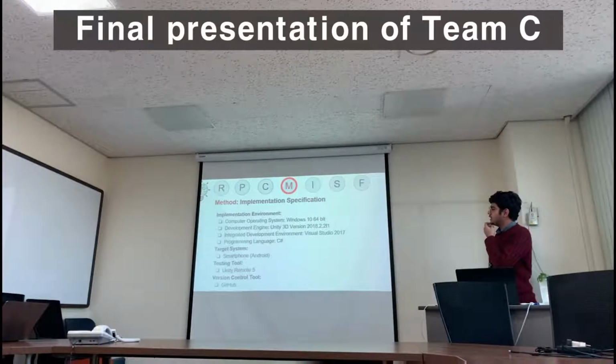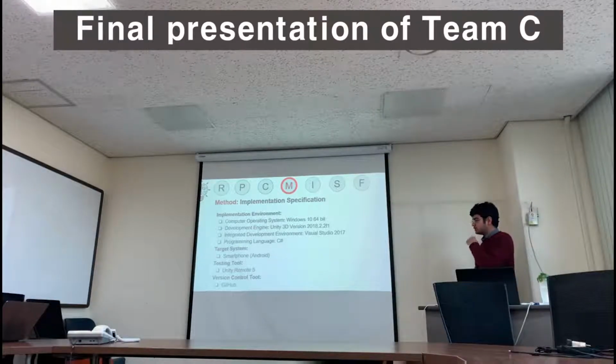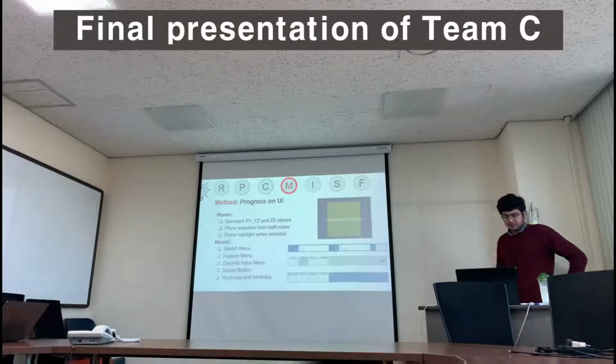We had the integrated development environment as Visual Studio 2017, the language was C#, the target system was Android among the smartphones, and the testing tool is Unity Remote 5. I will show it later, and the version control tool is GitHub.